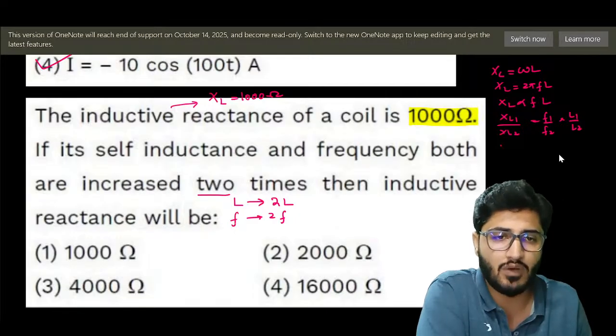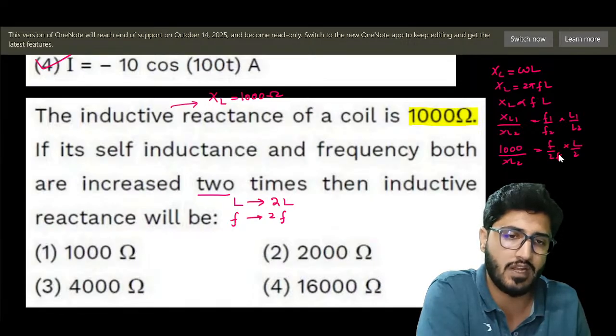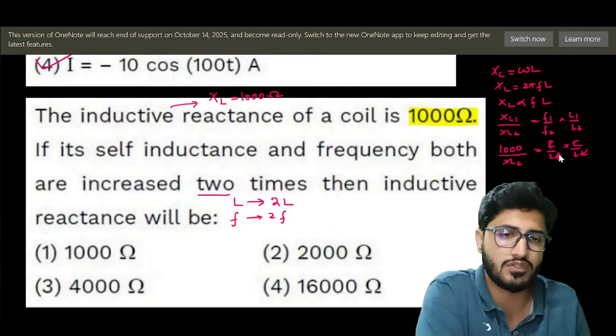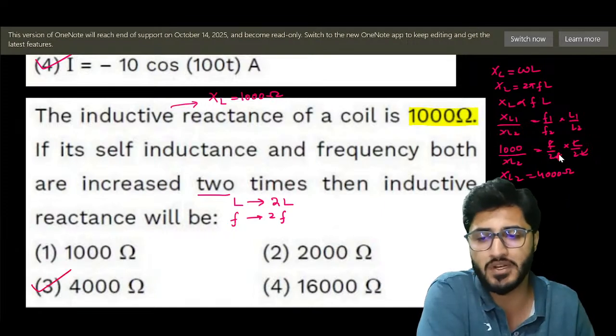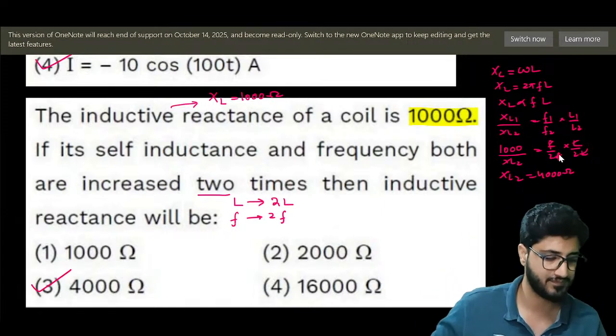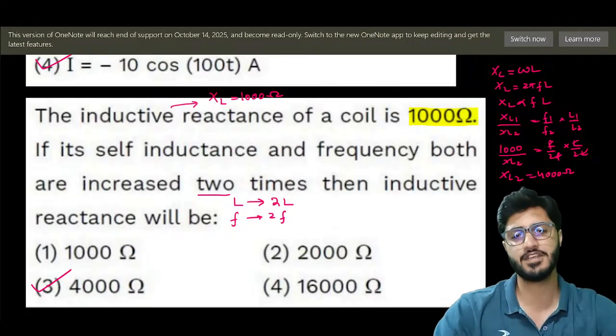XL1 is 1000. I will write here 1000 divided by XL2. Frequency is F, it is 2 times F, multiplied by L, 2 times L. Cancel out. It is 2 to the 4. So XL2 came out to be 4000 ohm. Option number C is correct now. Easy. You can take a screenshot now.